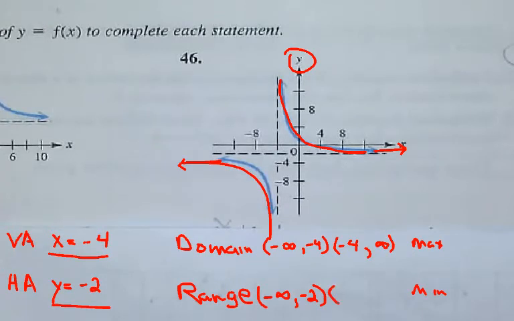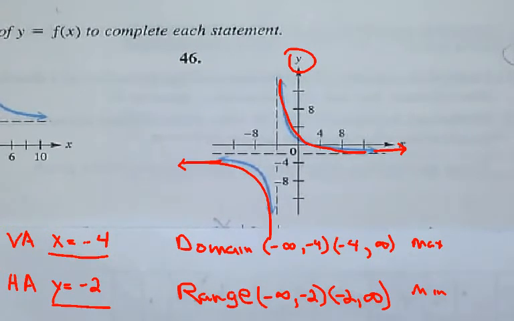And then from the other side of -2 on up to the sky, right? So this one doesn't have a min or a max, so we don't have to worry about the min or the max on this guy. That's the domain and range, vertical asymptote and horizontal asymptote. That's what you're going to be doing today in class in your book.